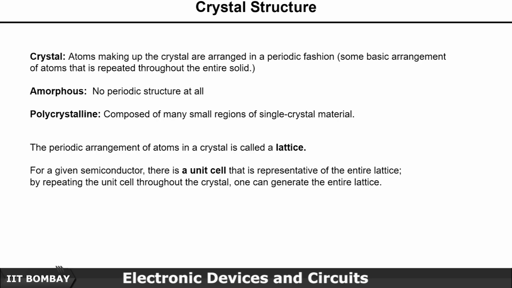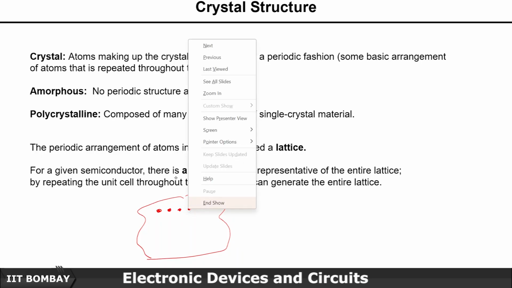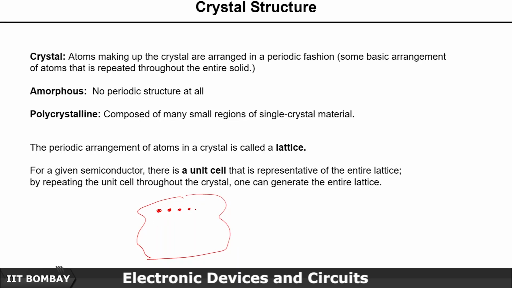Okay, now I will talk about the crystal structure. This is part 2 of this course. So what do you mean by a crystal? You have studied about these in class 12. If I say I have a crystal, let's say in a crystal you have atoms arranged in a periodic fashion. Something like that.